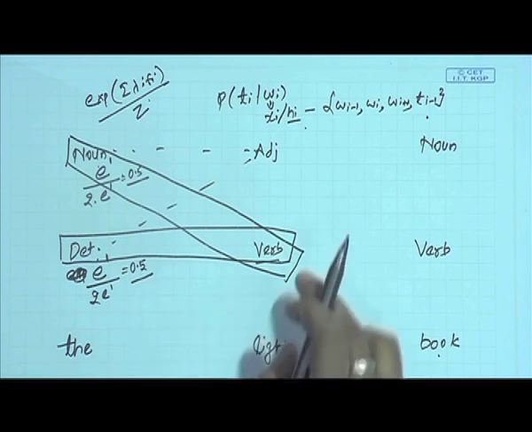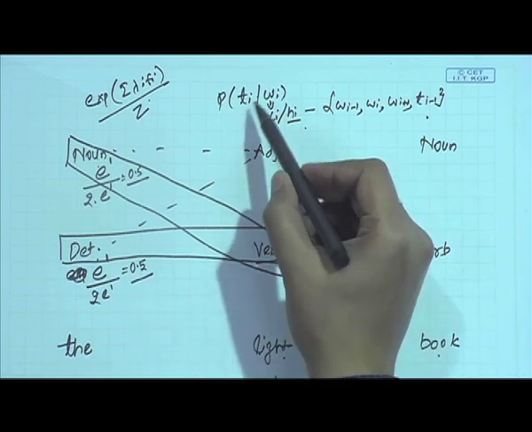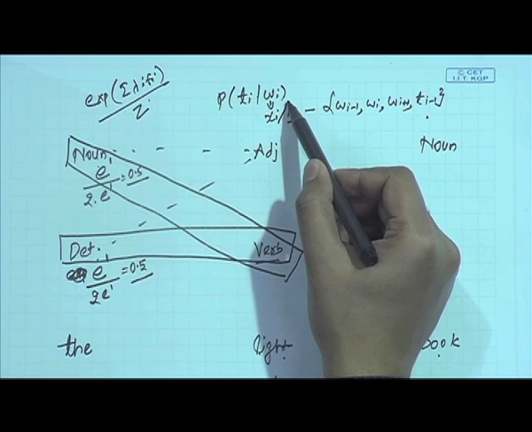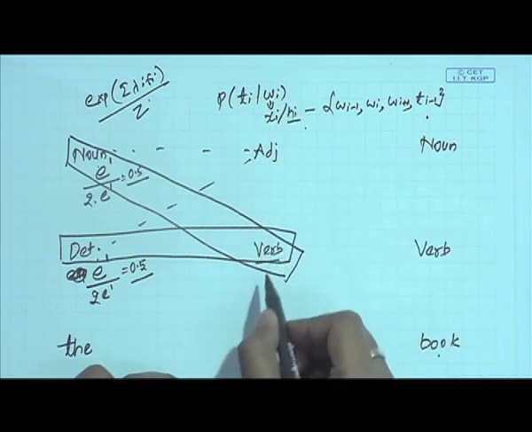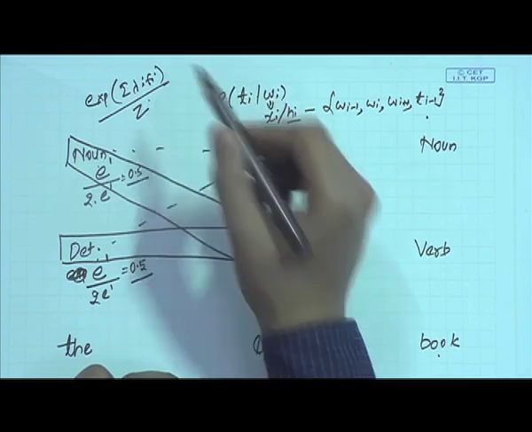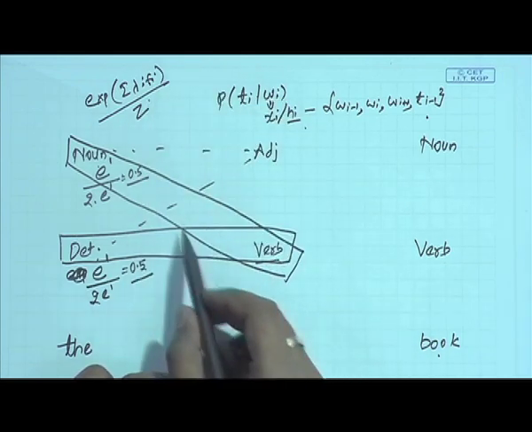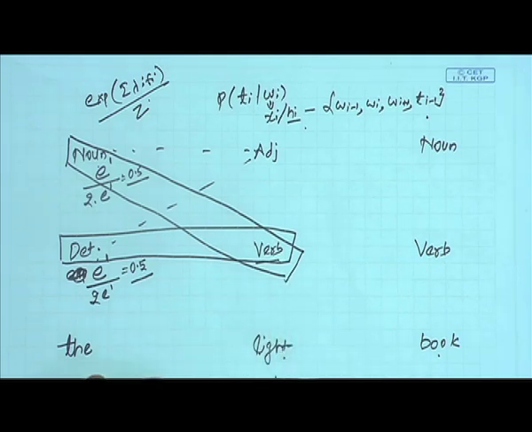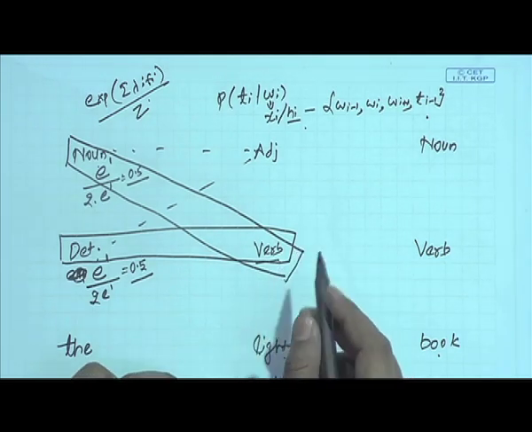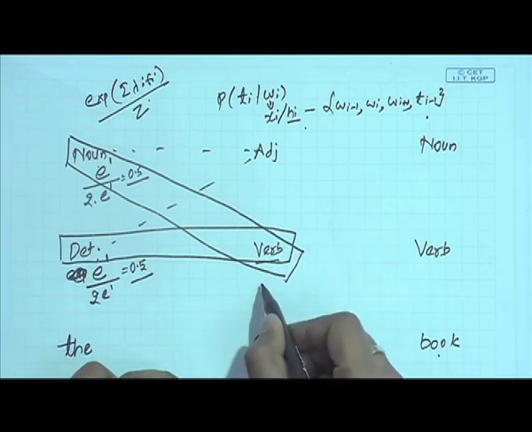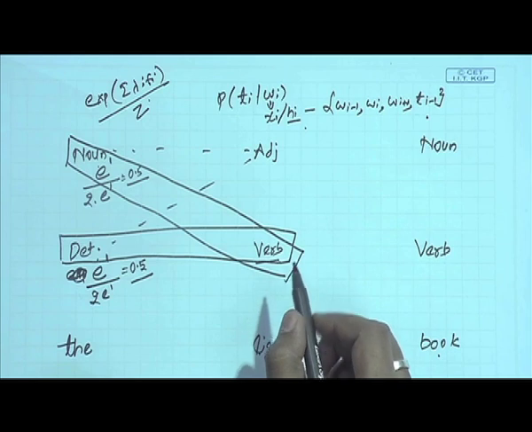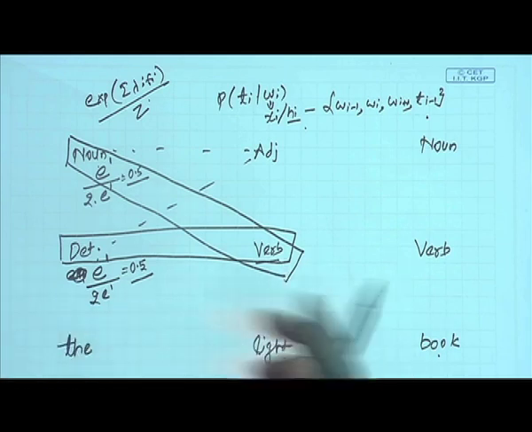What will be the probability of tag given the word? Let me write only the summation lambda_i f_i part. Let us go to the features here, for noun verb.